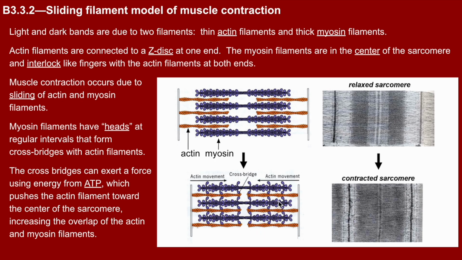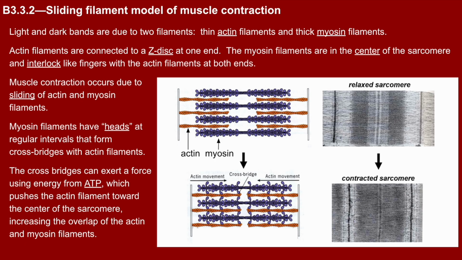Okay, so here's just an image of what's happening when we see that contraction. Those myosin filaments have little myosin heads, and they're going to walk their way up and pull those actin in towards the center of the sarcomere and therefore contract that sarcomere. They do that by forming a cross bridge with the actin.